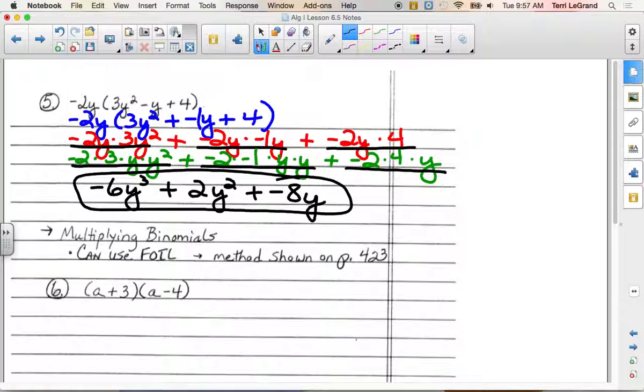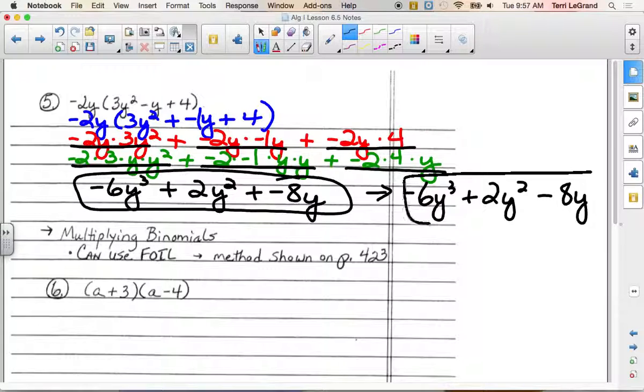I guess I have not cleaned it up. I better clean it up yet. And show how would it be shown in an answer bank? There's the way to be shown in an answer bank. Minus 8y. Do we agree on that? Yeah? Okay. What kind of a polynomial do we have?